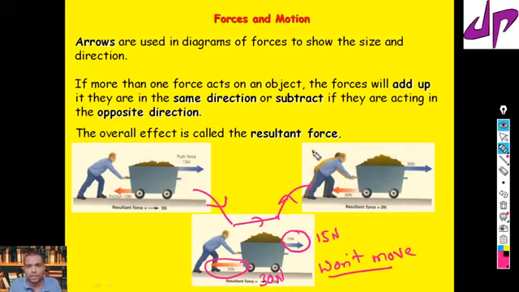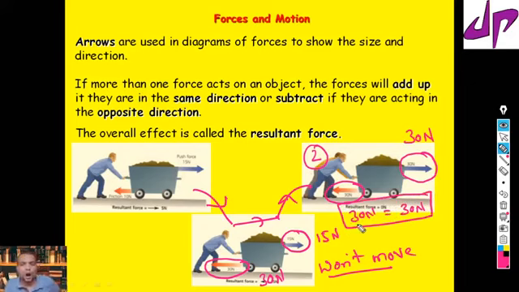Now two persons came here, and those two persons are applying force. Here you can see the applied force is 30 Newton and the backward force is also 30 Newton. In this case, both forces are opposite and equal. Will the trolley move or not?